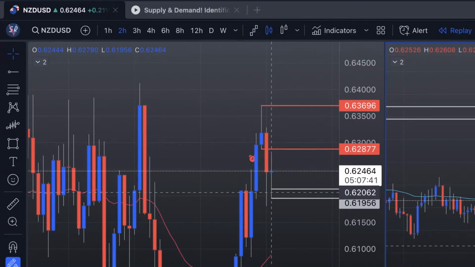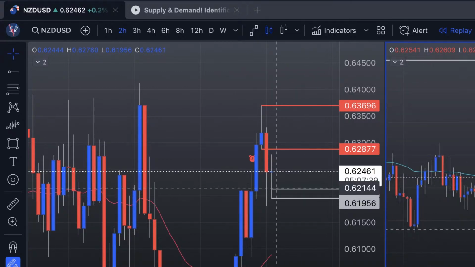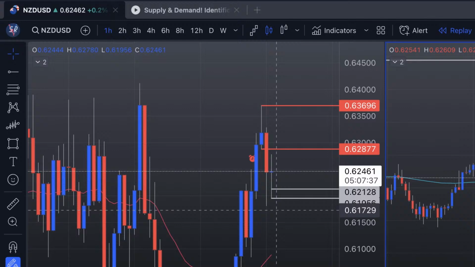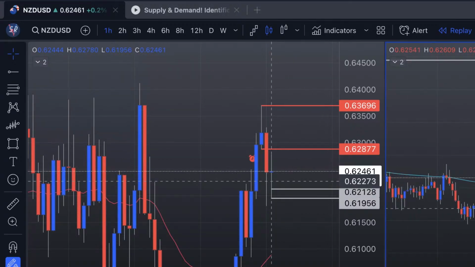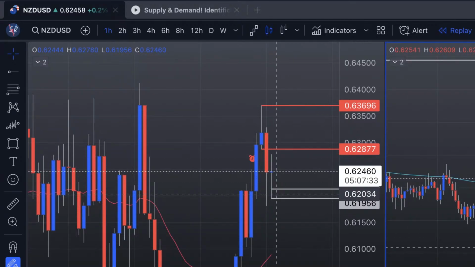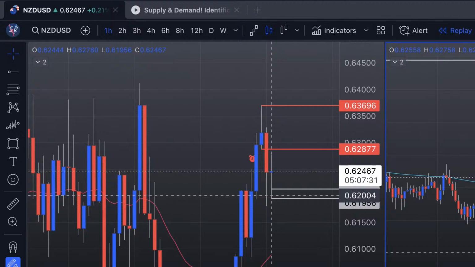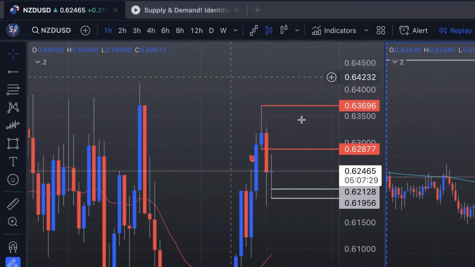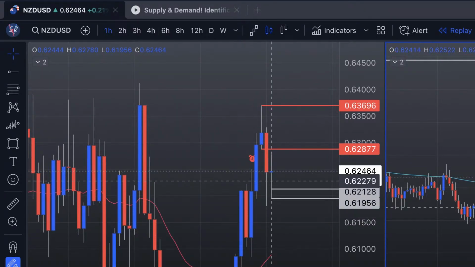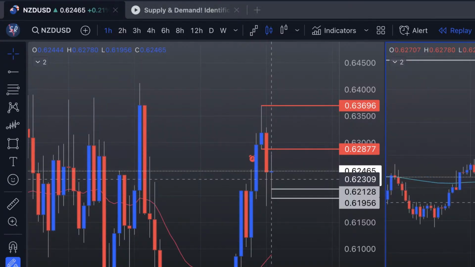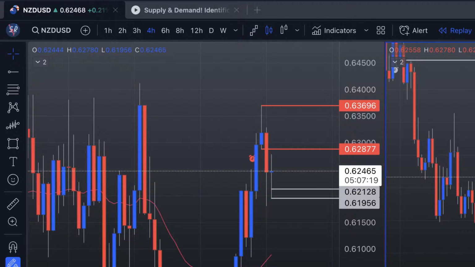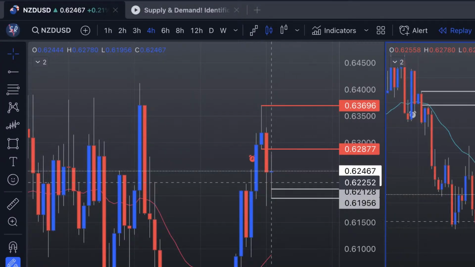Yeah, maybe this 2-hour level, possibly. Again, we'll have to see what forms on the way down. We'll see what happens at this demand level here. Price could definitely hit here and start to rally up, but we're getting towards the middle of the trading day, so I'm not really liking anything here.